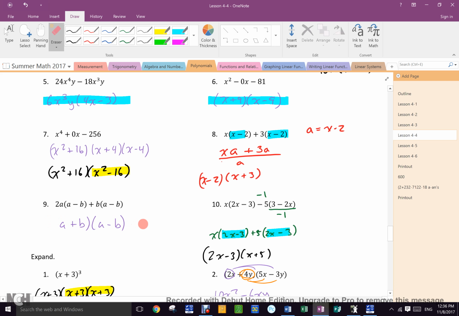So what's happening in number 9? You got it for me, Riley? Thank you. Can the same thing happen here? Because a minus b and a minus b are the same thing, right? Now, if I use the letter a here, it might get confusing, right?